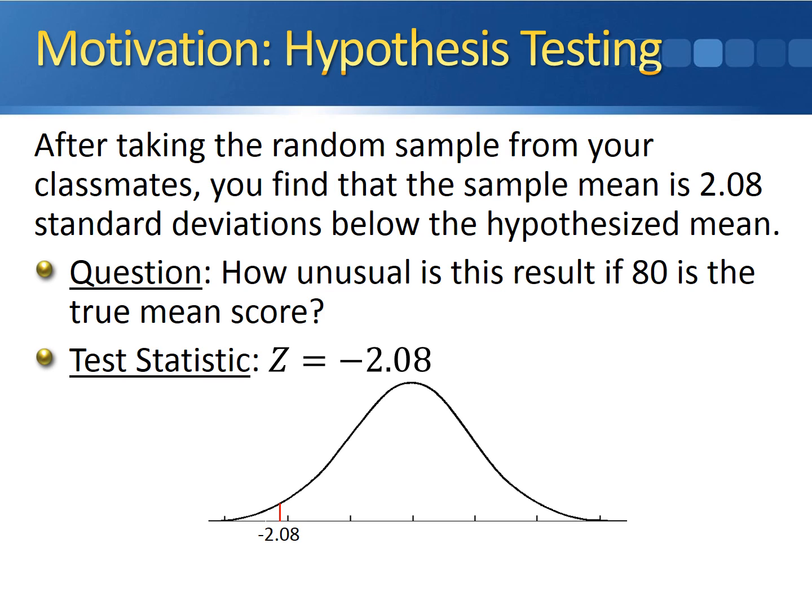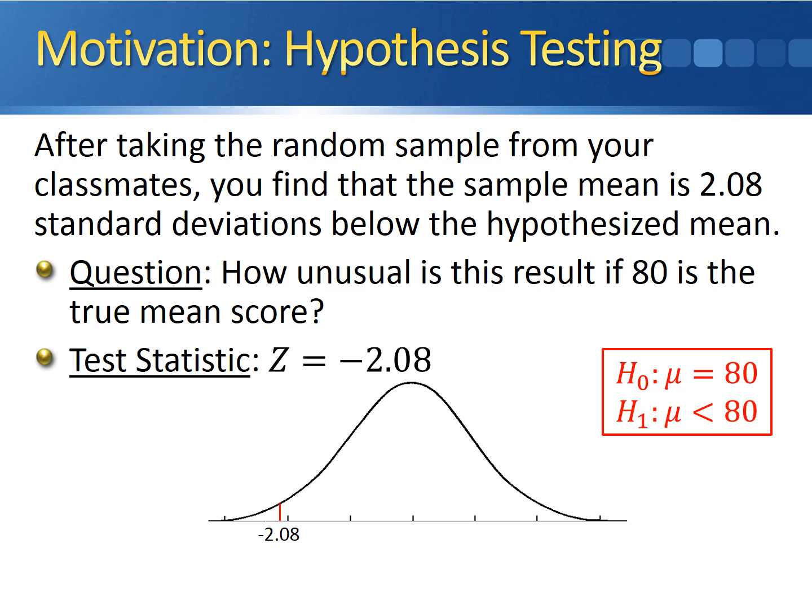What we're going to do is take our test statistic, negative 2.08, and plot it on the standard normal distribution curve. Now keep in mind, our null hypothesis was mu equal to 80, and our alternative hypothesis is mu less than 80. The p-value is the probability that we would get a test statistic as extreme or more extreme than the one that we originally got.